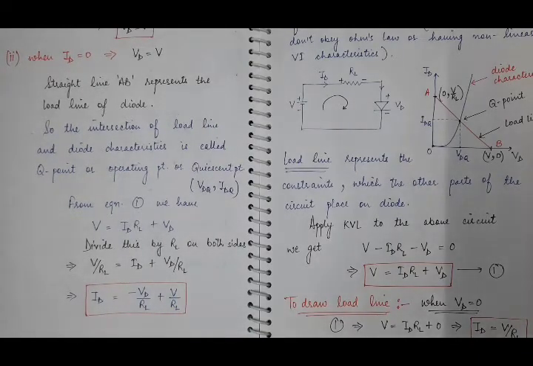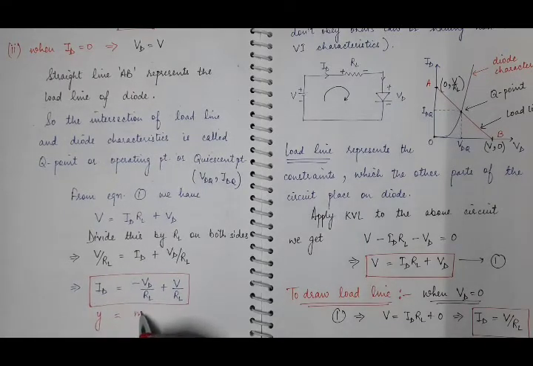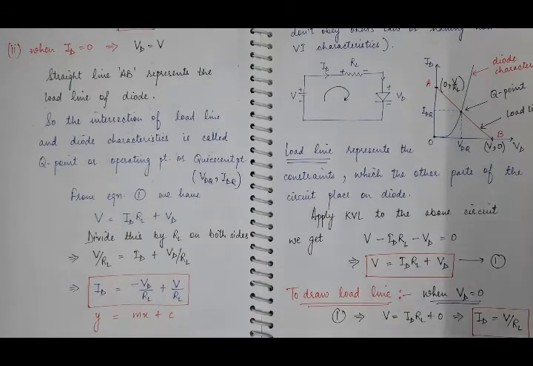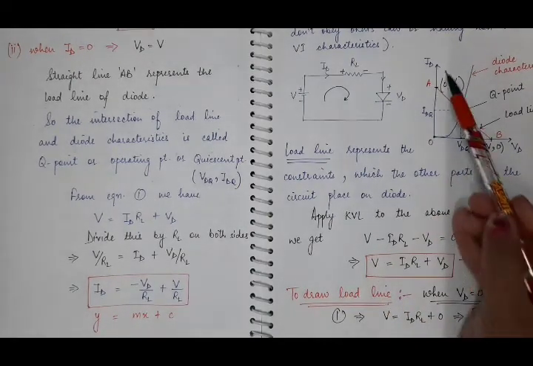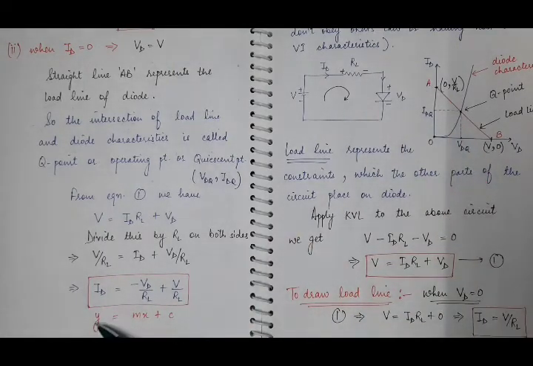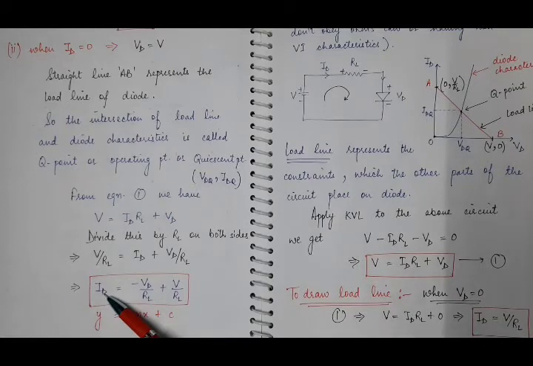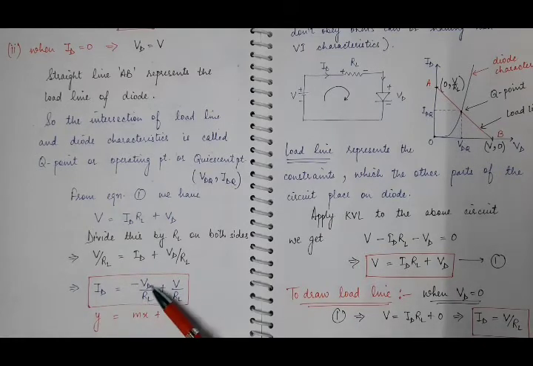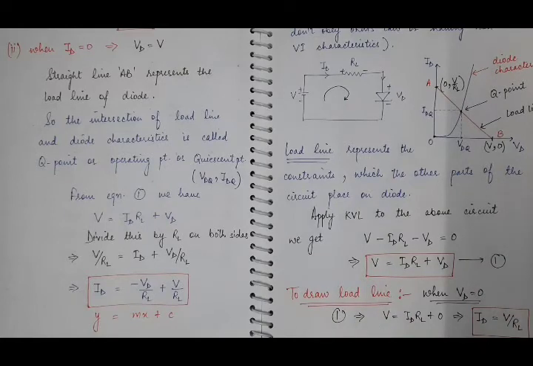How? Compare this equation with the equation of a straight line, which is y is equal to mx plus c. Because in the VI characteristics of the diode, we have plotted ID along the y-axis. So y corresponds to ID, x corresponds to VD because we have plotted VD along the x-axis. Then the slope will represent minus 1 by RL.